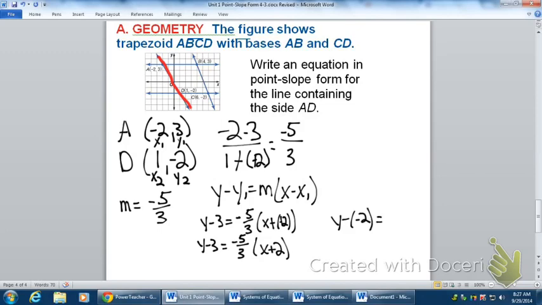Our slope is negative 5 over 3. Our x is what? 1. Good. Now the last thing you need to do to simplify it is two negatives make a positive. So your answer could have been either one of these.